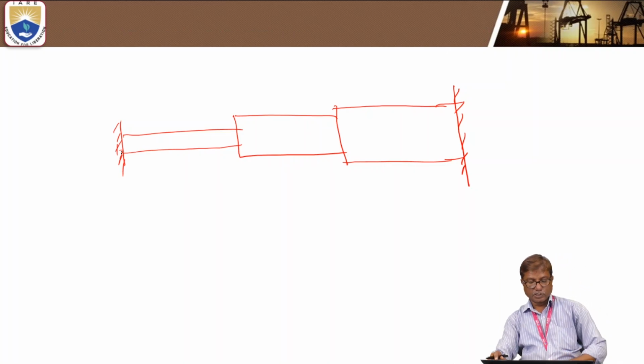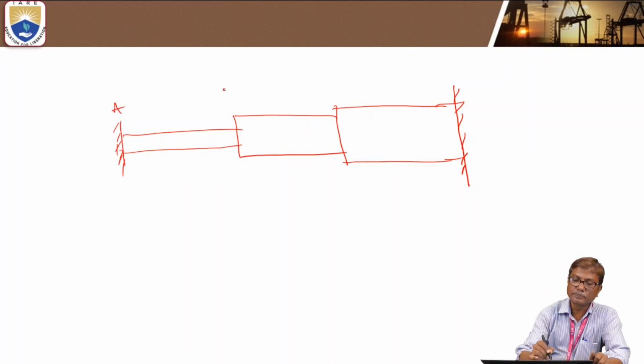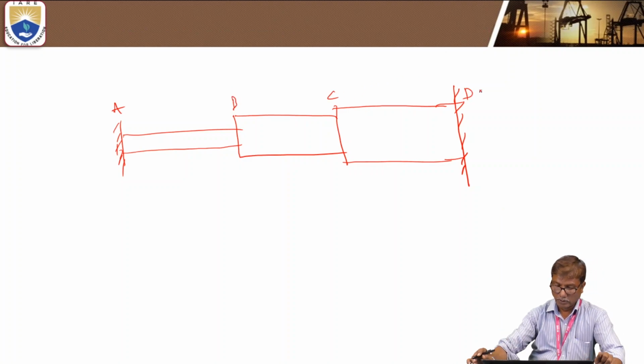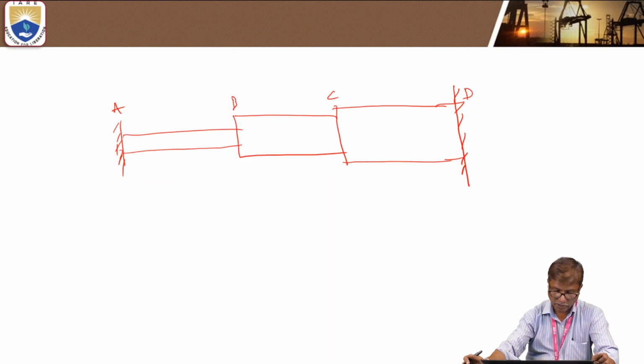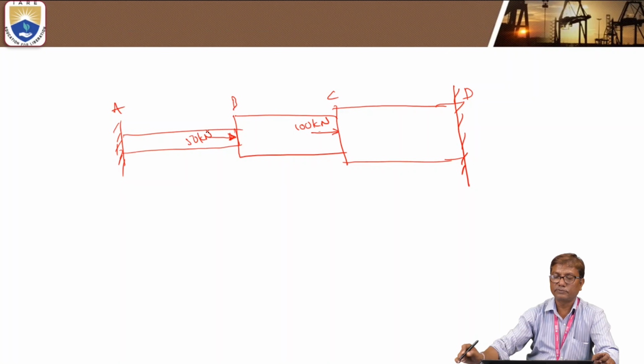A circular steel bar ABCD rigidly fixed between A and D is subjected to axial loads of 50 kilonewtons applied at B as shown and 100 kilonewtons applied at C as shown in the figure.